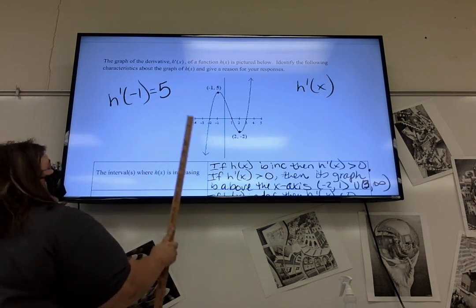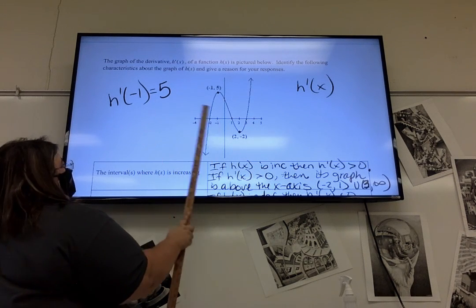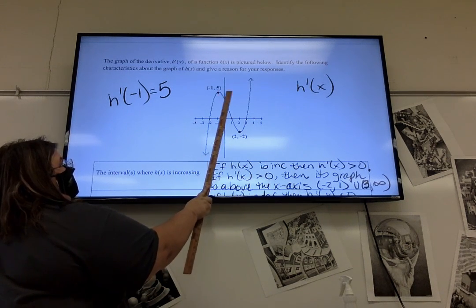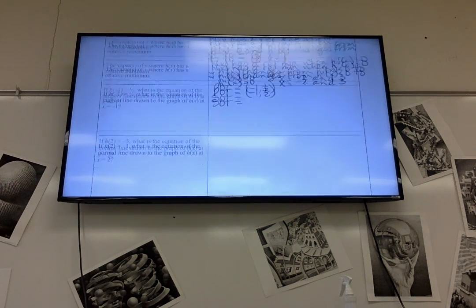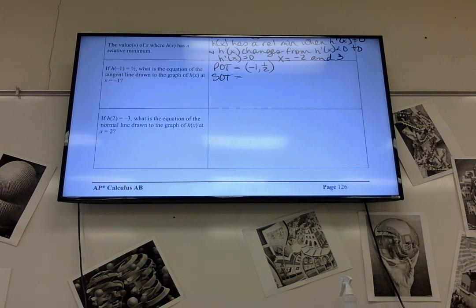So if I plug in -1, h prime of -1 is just the y value, 5. So that was 5. So it is y minus 1/2 equals 5 times x plus 1.